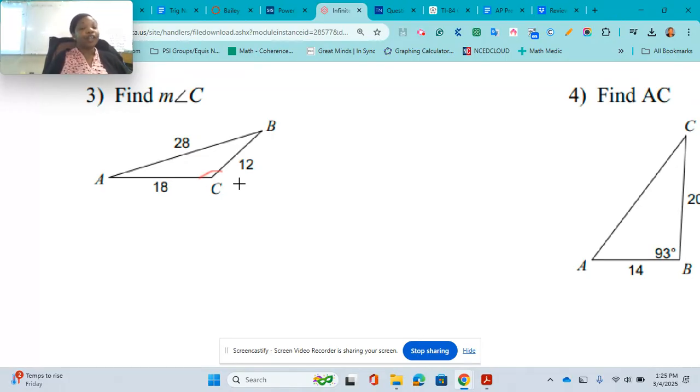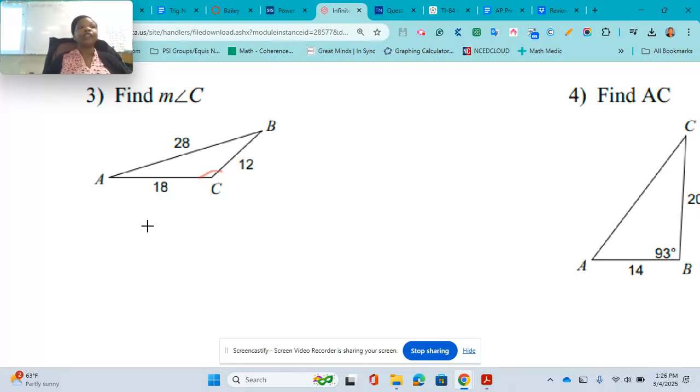In order for us to use the law of sine, we need to have an angle with its side length and another side length or an angle. Are we able to use the law of sine on this one? No, because we have all sides. That's that SSS. We would need to use the law of cosine.